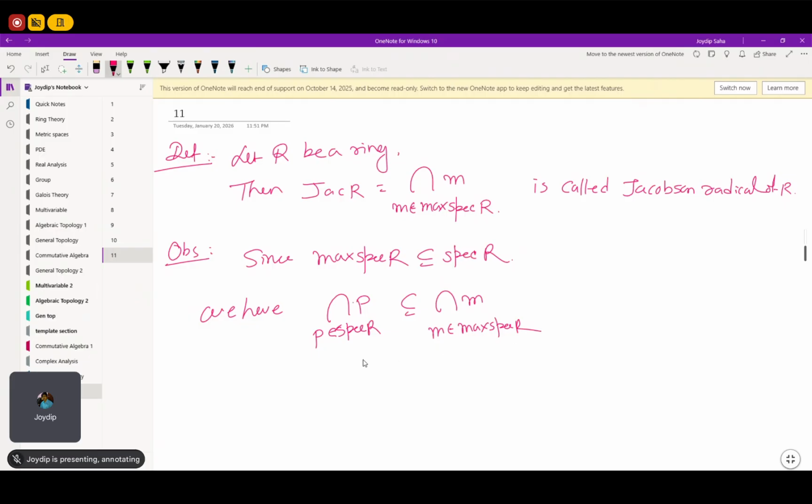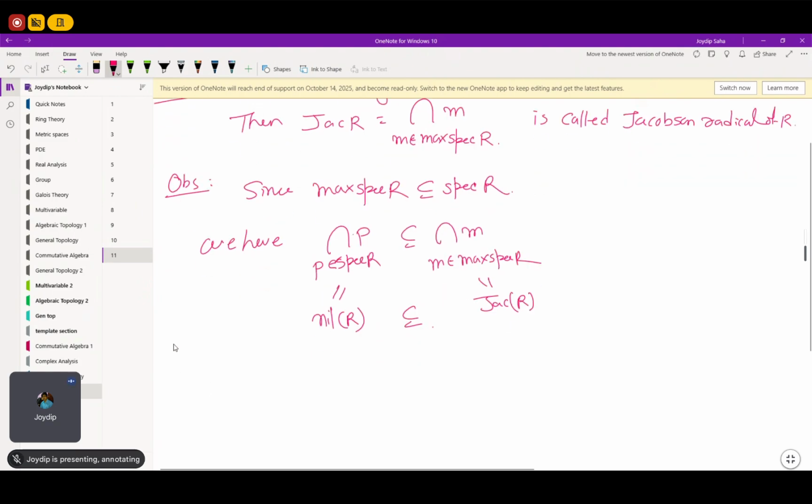And that is equal to the nil radical of R, or root 0, and that is contained in the Jacobson radical. So the nil radical is a subset of the Jacobson radical. Okay.